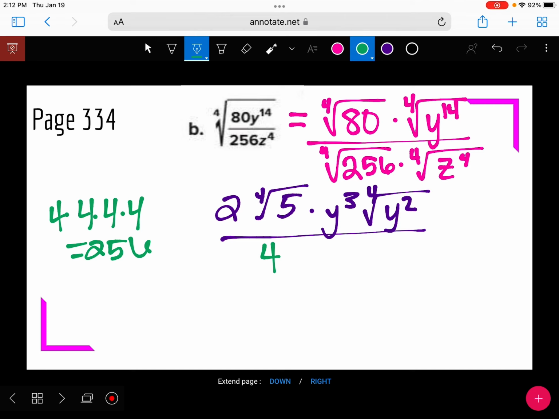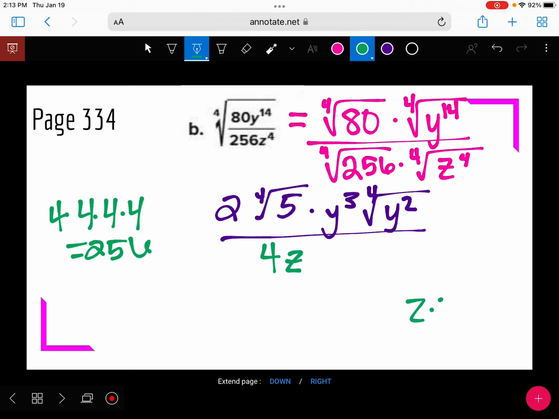All right, and then our last step, the 4th root of z to the 4th. This one's really fun and easy. Not z to the 4th, but just z.